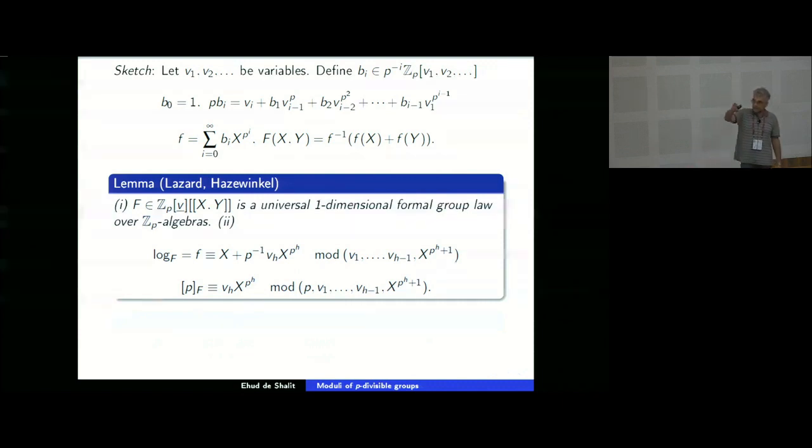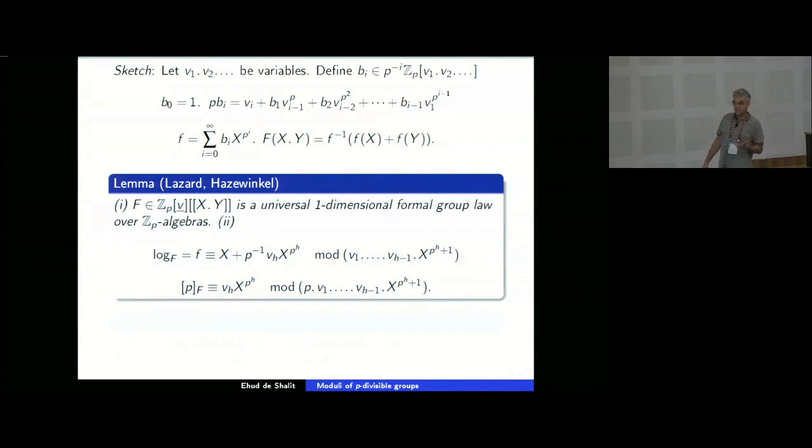And you can say something about multiplication by P. Multiplication by P is congruent to VH x to the P to the H modulo P, all the V's below VH, V1 up to VH minus 1, and higher terms.